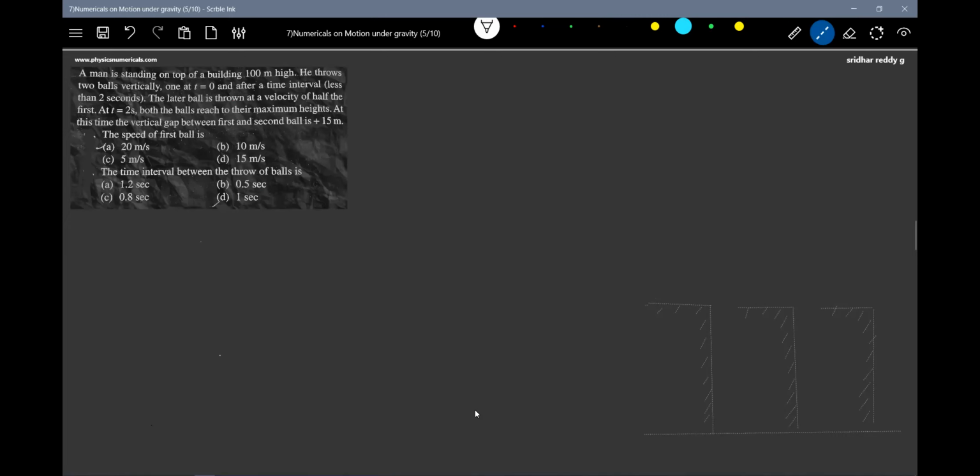This is the ball. We'll give different colors. So the first ball, which I'm going to throw with a speed u, this one. This is at t equal to 0.